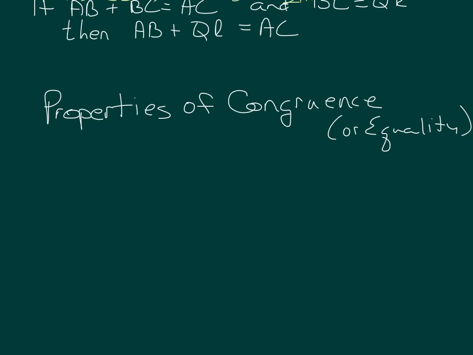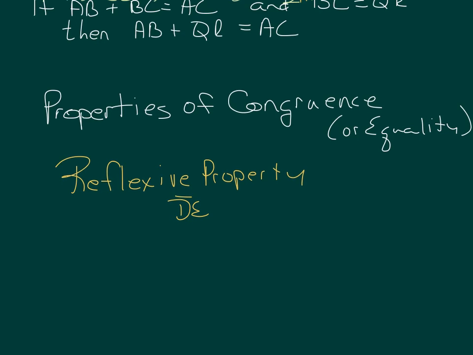First of all, probably the simplest, is the reflexive property. An example of that is segment DE is congruent to segment DE. Reflexive property.